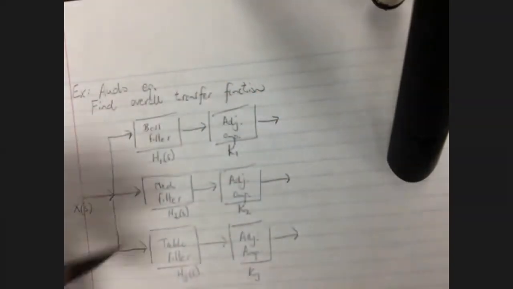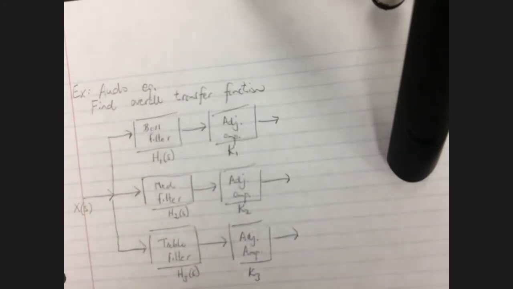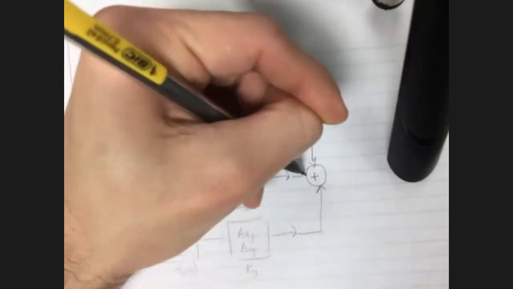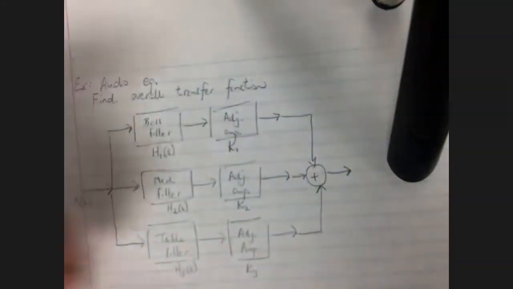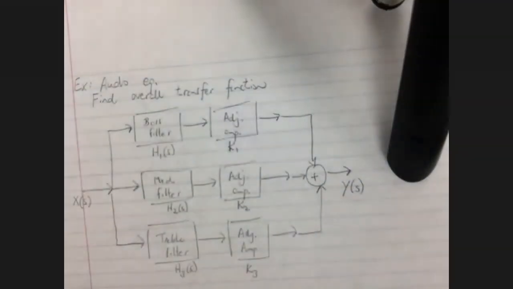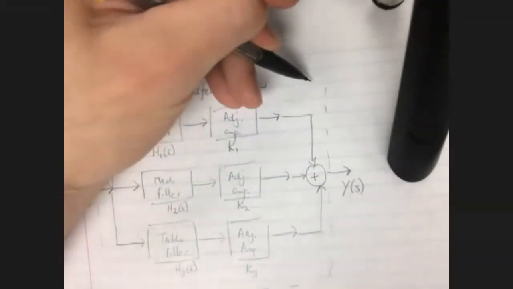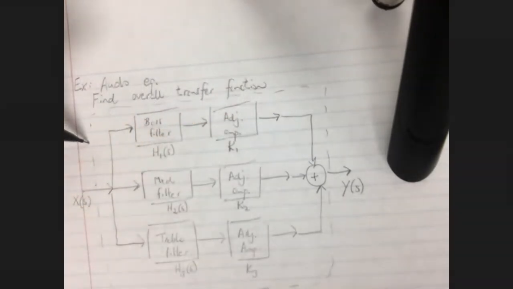Those would be amplifiers that you can either dial up or dial down, depending on your audio preferences. And then eventually each of these 3, we're going to bring over to an adder circuit, just add them all together, and that gives me my output, big Y of S. So these are all going in here with a plus sign.